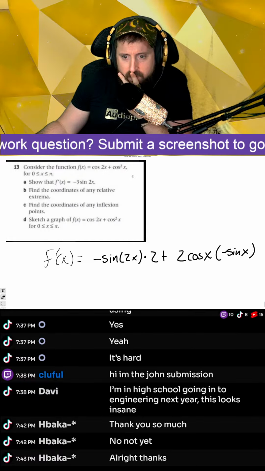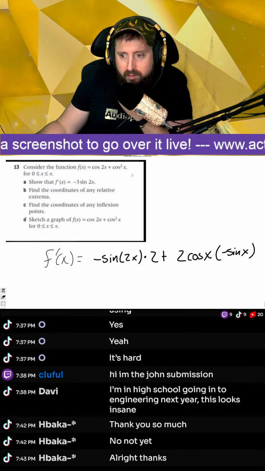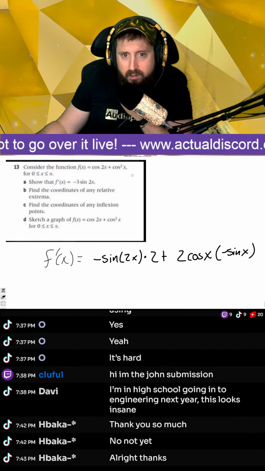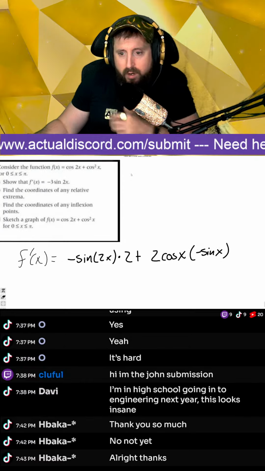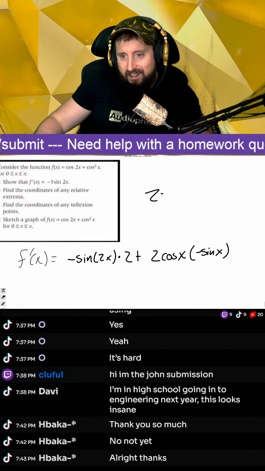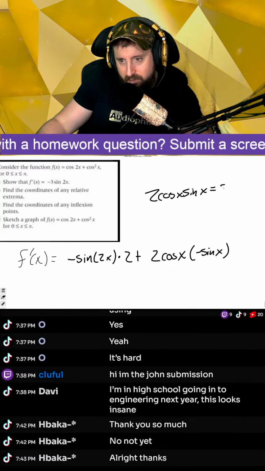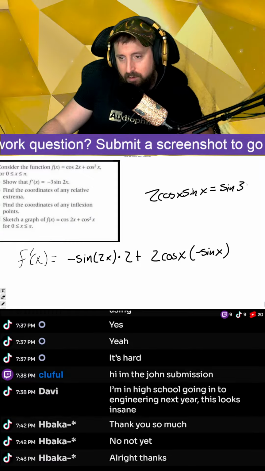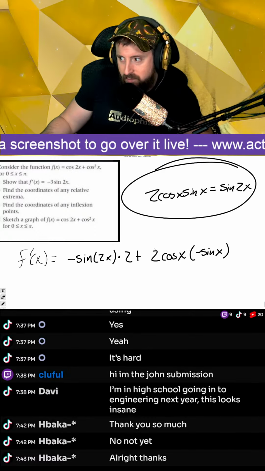Right, the derivative of cosine is negative sine 2x. How do I show this as negative 3 sine of 2x? I don't see that. Oh, wait, sorry, this right here: 2 cosine x sine x is equal to sine of 2x, right? Is that an identity that's true?